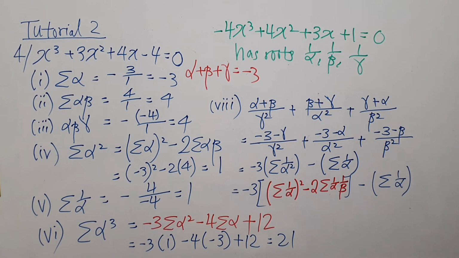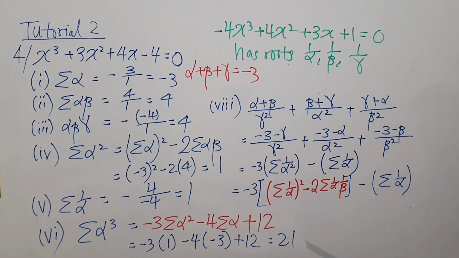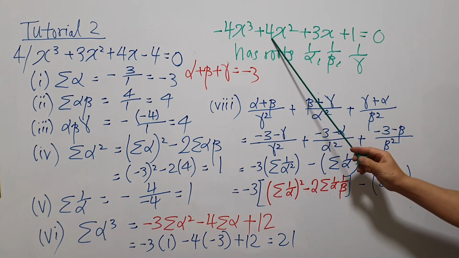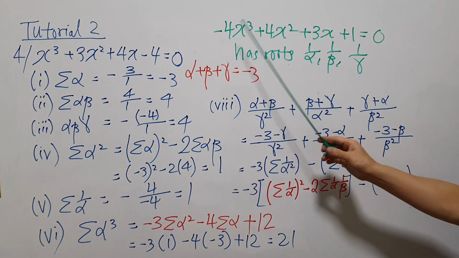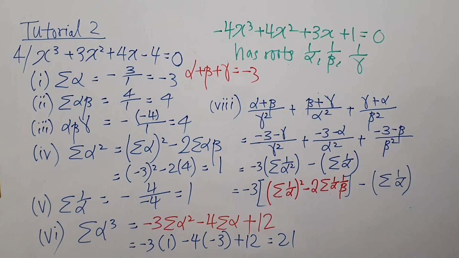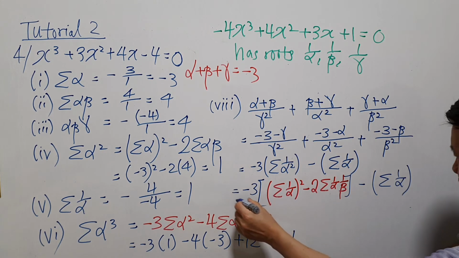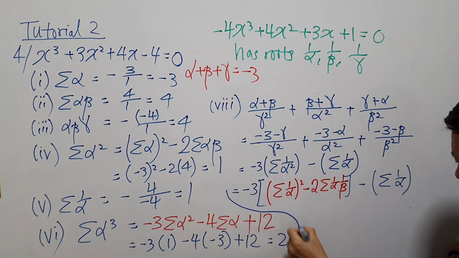So now to find this number, how do you find it? The summation of 1 over alpha is minus b over a for this. Then the summation of the pair products is c over a. So now I'm going to put it in. This is going to be like this.